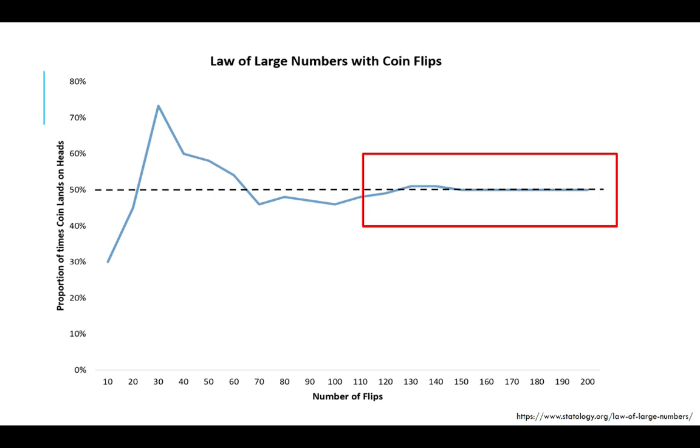But I flip it once, it's not going to necessarily be 50-50. If I flip it 5 times, it might not land on heads only half the time. Same thing for 10. But what we're trying to say is if I keep flipping and flipping and flipping, eventually we're going to see this 50-50 split.